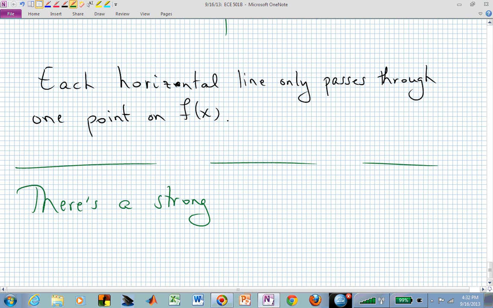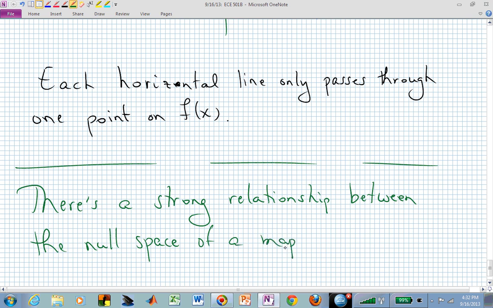There's a strong relationship between the null space of a map and whether that map is injective.